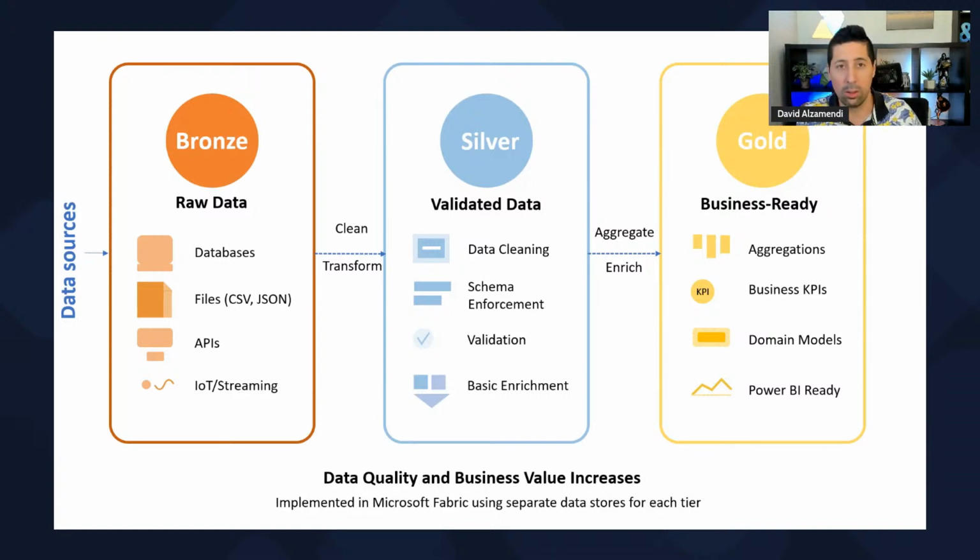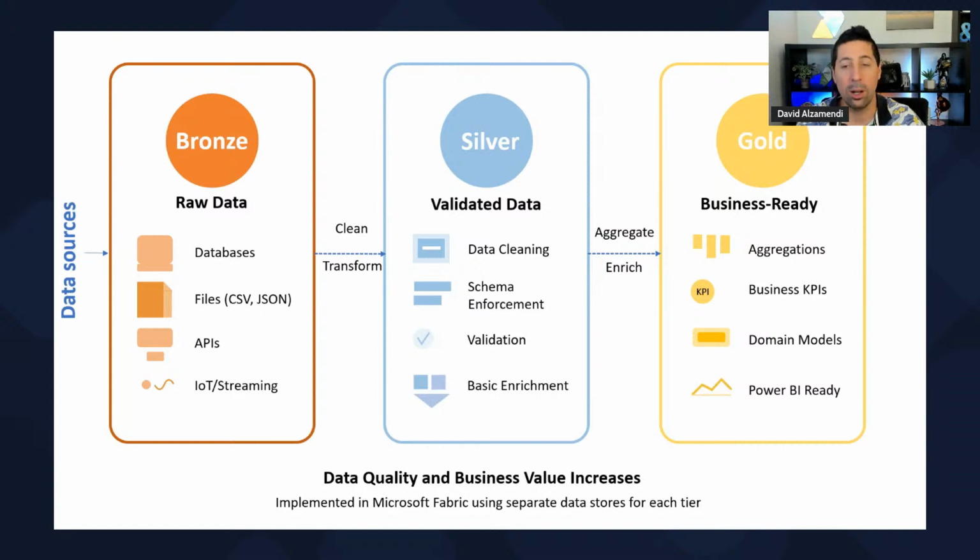Bronze is raw data, silver is potentially enriching that data, creating your dimensions, fact tables, having your data vault data model in there, and the gold layer will potentially silo that information by different business domains, creating aggregations. So if you have a table with, I don't know, let's go crazy, 50 trillion rows, maybe you want to summarize that information before making it accessible to the business, because nobody is going to go through the most granular level of those rows to make an informed decision.